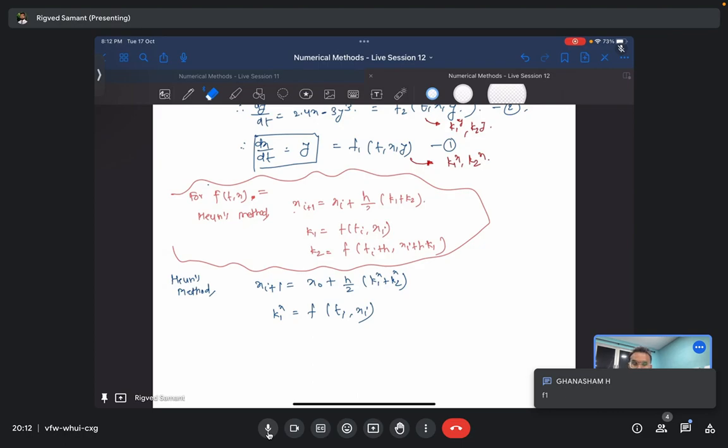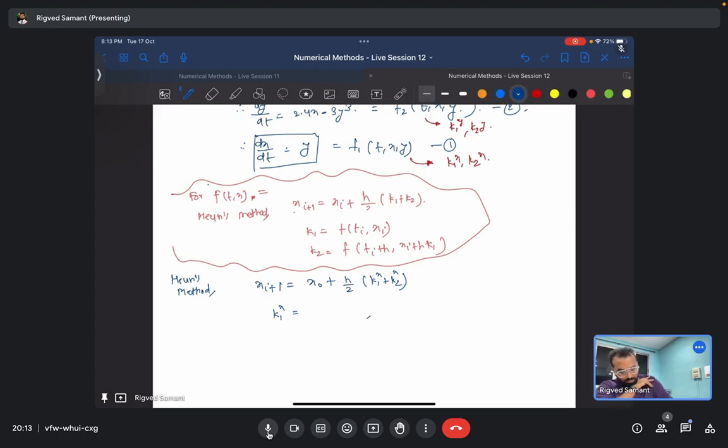f1 of, in the bracket, what would it be? There are three arguments for f1, right? So f1 of t i, x i, y i. Correct? Now k2x would be dependent on f2 or f1. We are still using dx by dt, so we are still working with f1. So again it would be f1 for k2.